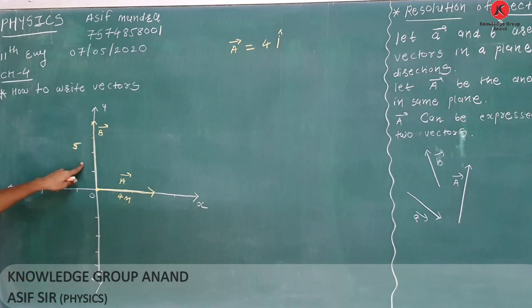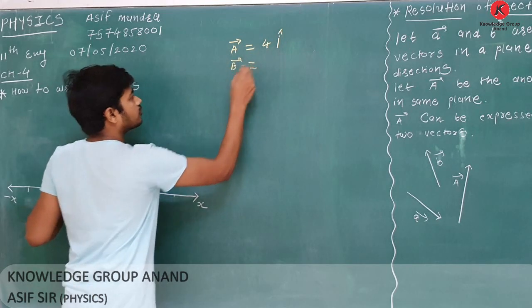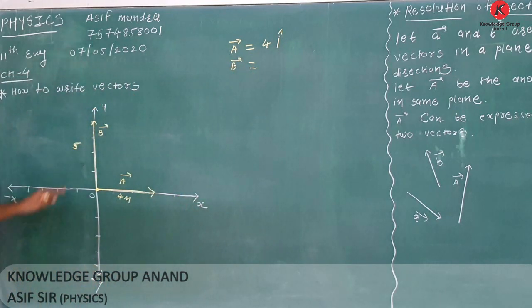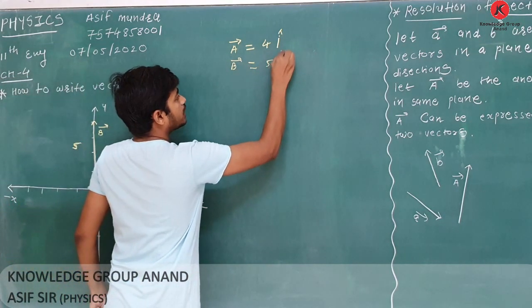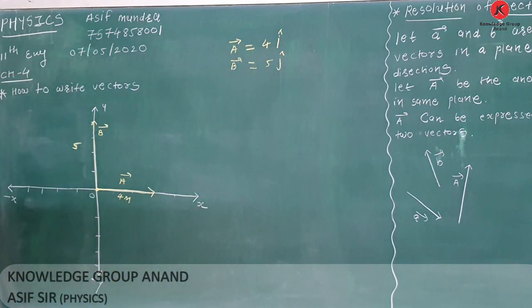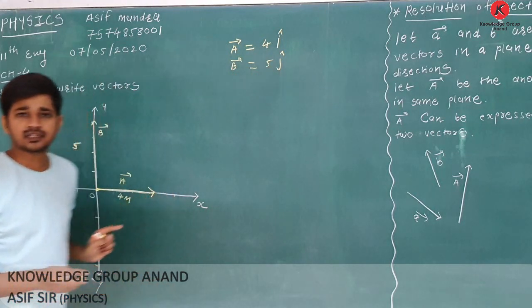Then how to represent this vector? B is equal to 5j, since its magnitude is 5 and it is in the positive y direction. Any vector is expressed as the product of its magnitude and unit vector.